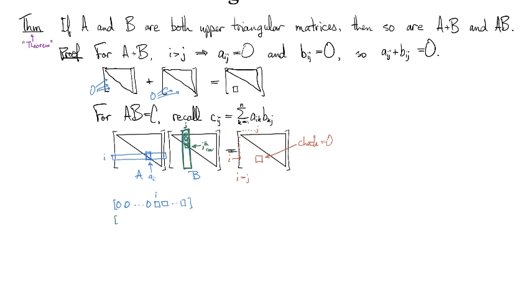So we're going to have stuff, stuff, and we saw that i was bigger than j, so we're going to run out of stuff before we get to the ith position. And then it's going to be zeros all the way throughout the rest. And so here, this is the last one. This is the jth. And like I said, we're looking at where i is bigger than j.